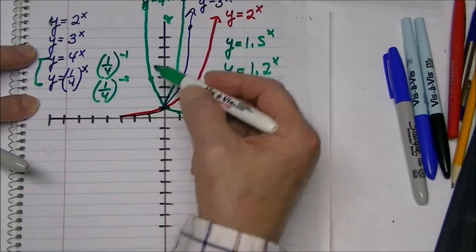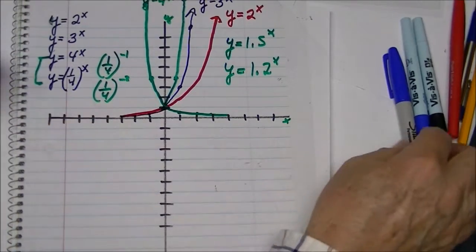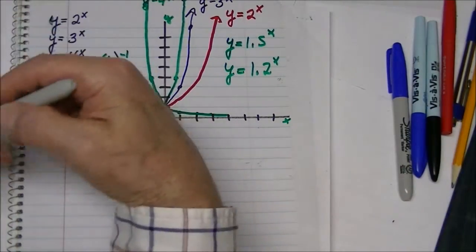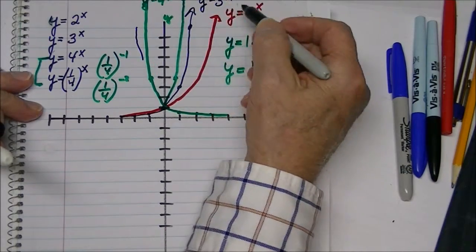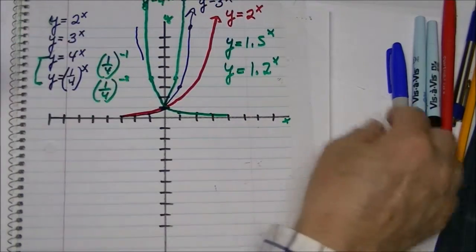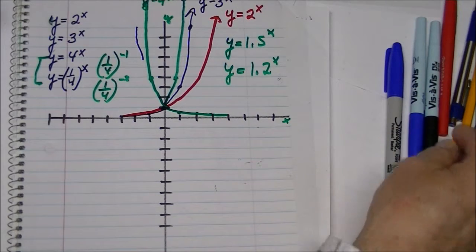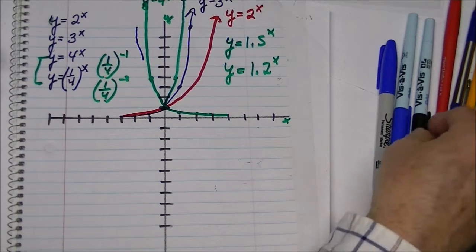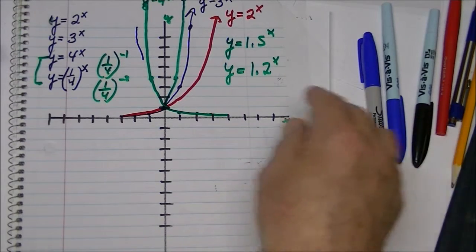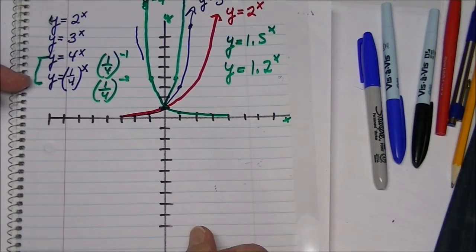Now, if you had 1/3, the 1/3 would come out here a little further, and the 1/2 would come out a little further still. I don't know what happened to my red one here. It's disappeared. But anyway, it would come out this way.